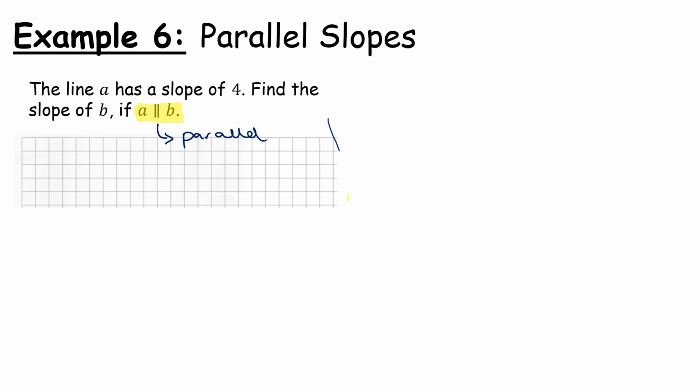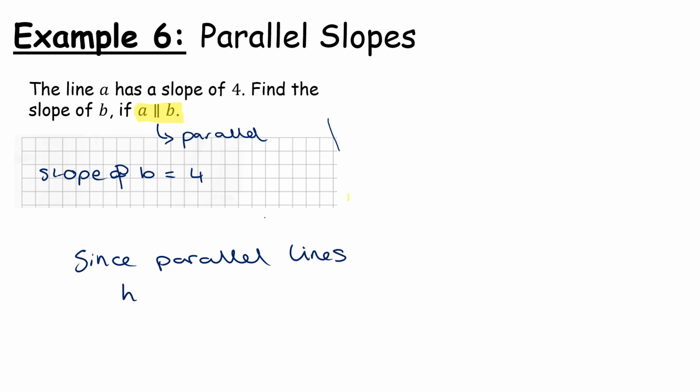So A is parallel to B. So therefore, the slope of B is also equal to 4, since parallel lines have the same slope. And that's so important. Remember, slope is a measure of how slanty a line is, so parallel lines, because they'll never meet, their slopes will be identical. They will be the same.